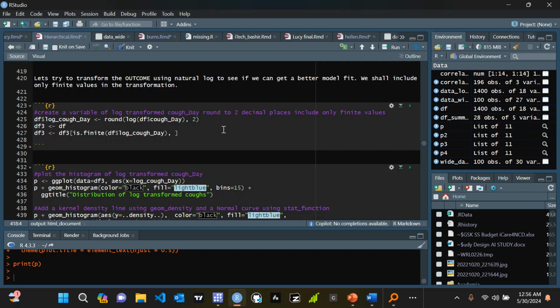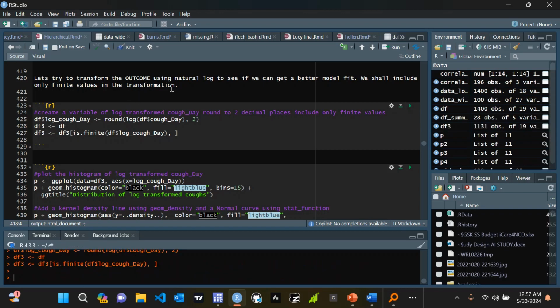So if you want to analyze this data using Poisson, because it is very skewed and over dispersed, we can transform that outcome into a log or a natural log, and see if it will make our outcome normally distributed.